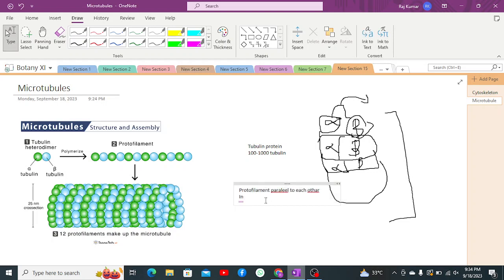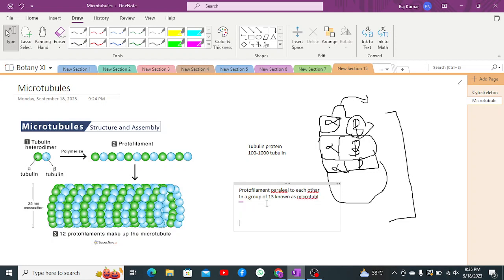in a group of 13, which collectively forms a structure which is known as the microtubule. So when the tubulin subunits collectively form a polymer of subunits, it forms a protofilament, and when 13 parallel protofilaments are organized together, they form a structure known as a microtubule.